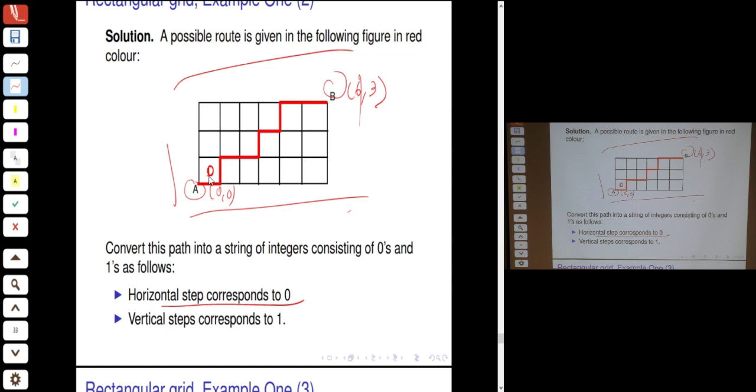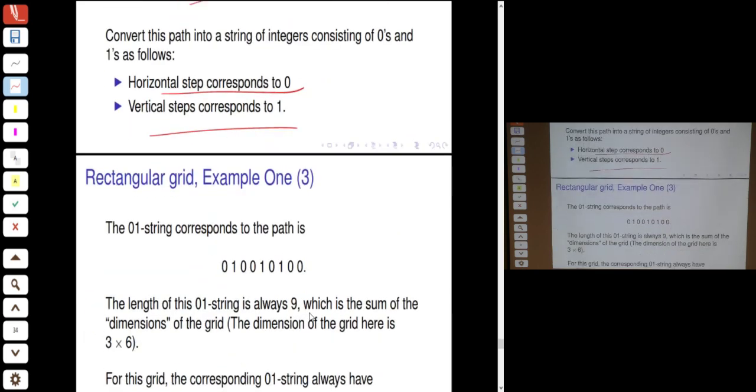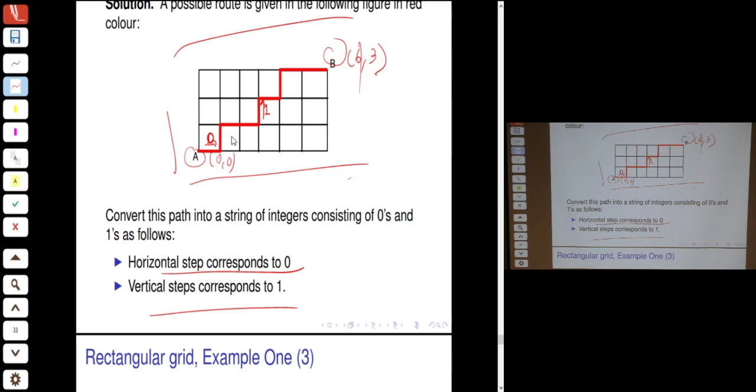Whenever you make a vertical step, you denote it by 1. Okay? So then you can represent your path by a string of zeros and ones. The coding is that 0 means a step to the right, and 1 means a step upwards.